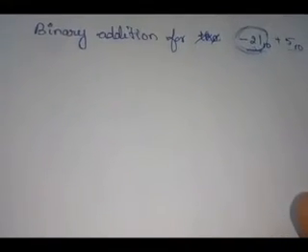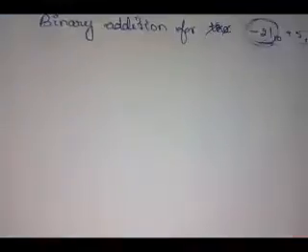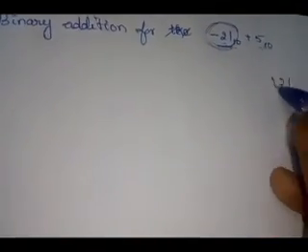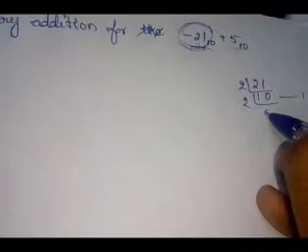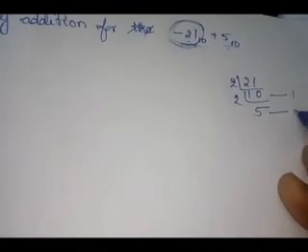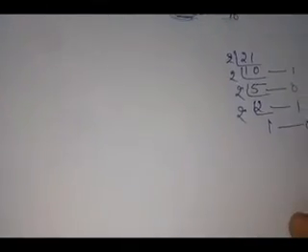See here. First you have to take the binary of this number. Binary of 21. What is the binary of 21? 1 2 is 2, remaining 1. Then 5 2s are 10, remaining 0. 2 2s are 4, remaining 1. 1 2 is 2, remaining 0.